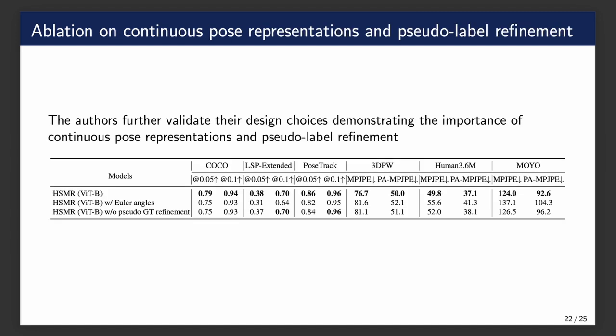The second ablation instead justifies the choice of regressing continuous representations of joint angles instead of Euler angles and the utility of the pseudo-ground truth refinement, showing that without either of those design choices, the final model has worse performances.